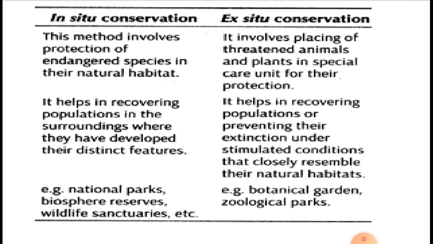That is the difference between in situ and ex situ. Examples of in situ conservation are national parks, biosphere reserves, wildlife sanctuaries and other places where endangered species are protected in their natural habitat. Examples of ex situ conservation are botanical gardens and zoological parks for plants and animals. So now we can understand how we conserve our biodiversity at the in situ or ex situ level, and what the difference is between these two.